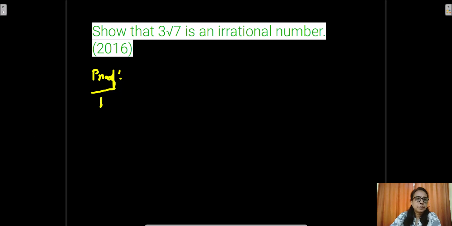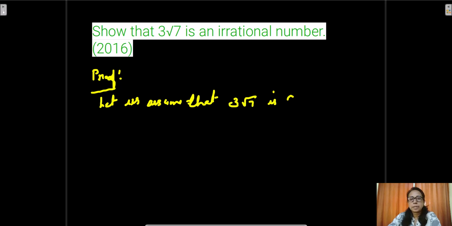Let us assume that 3 root 7 is a rational number.